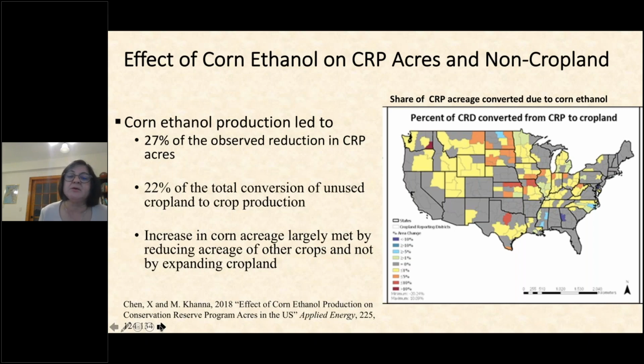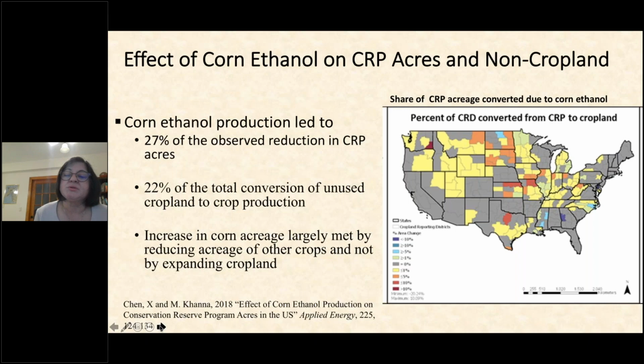The rest of that land would have exited CRP in any case for other reasons. Similarly, less than a quarter of the conversion of unused idle cropland pasture that took place over the time period 2008 to 2012 could be attributed to corn ethanol.